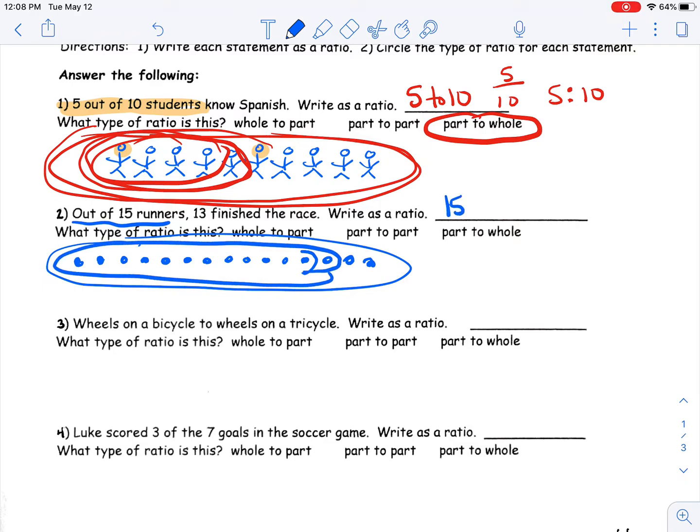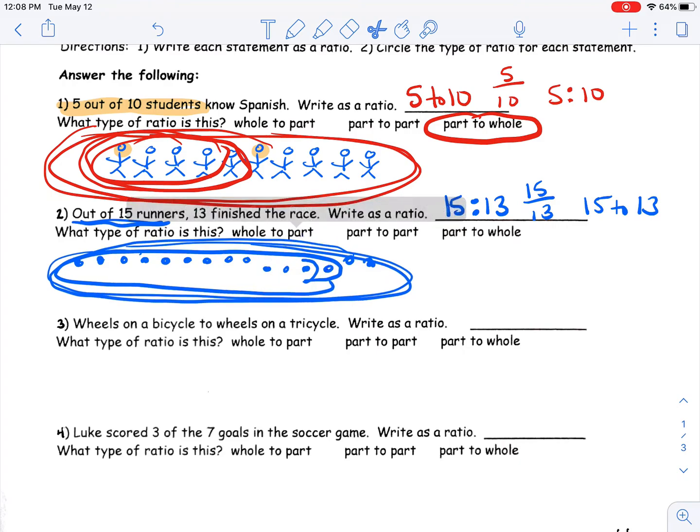So 15 to 13. 15 over 13. 15 to 13. I circled all of them first because it said out of 15. So that's my whole. And then I circled 13 of them. That's my part. So in this problem, it would be a whole to part ratio.